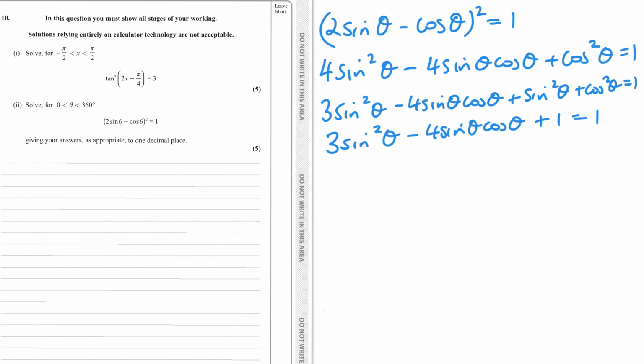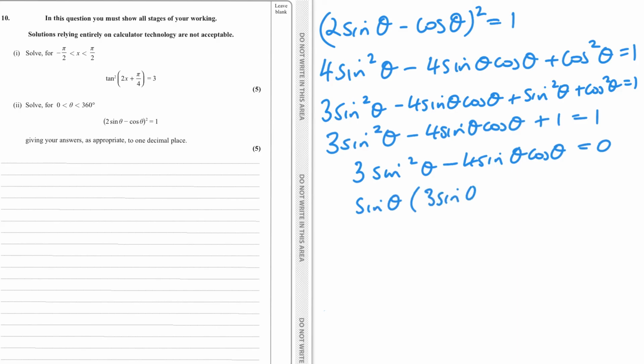So the 1s will obviously just take away 1 from each side. That will give me 3 sine squared theta minus 4 sine theta cos theta equals 0. Factorize out the sine. Gives me sine theta times 3 sine theta minus 4 cos theta.